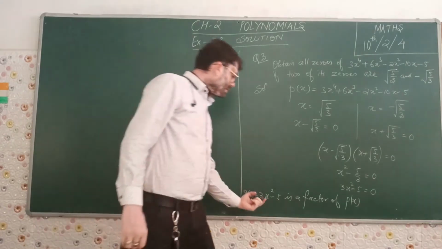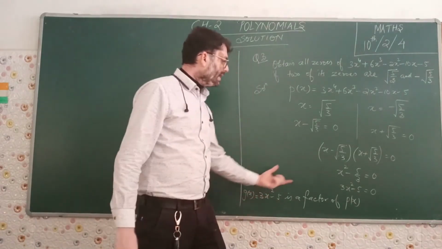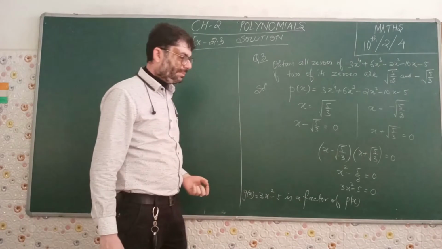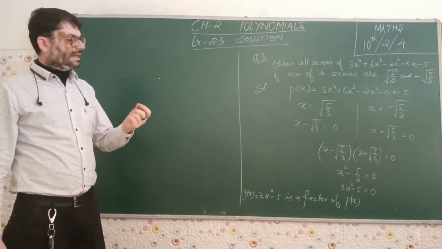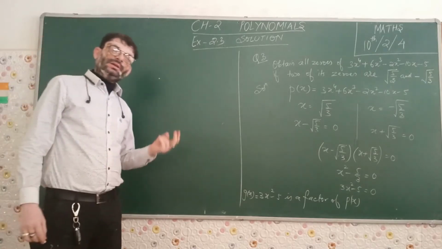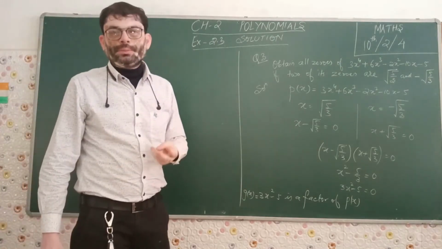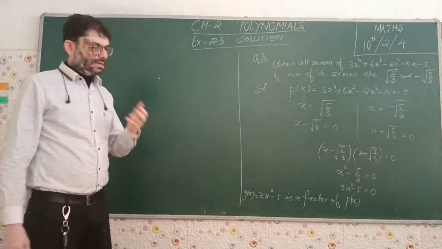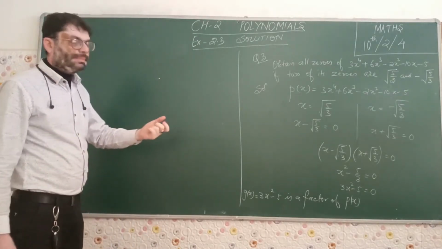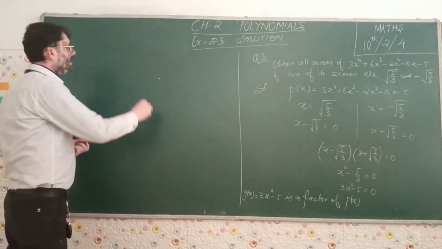Now when 3x² - 5, that is g(x), is a factor of p(x), that means if p(x) is divided by g(x), the remainder should come 0. And the remaining two zeros can be obtained by solving the quotient part of that division. So let us continue with that. Let us divide p(x) by g(x).